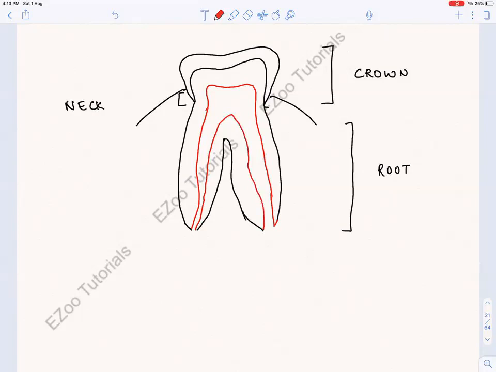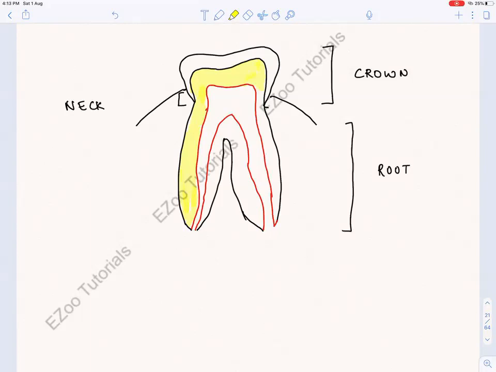So now which part is the dentin? The thing that I'm doing in yellow is the dentin. Okay, so this all is dentin. And the red portion inside is what? That is the pulp, where the blood vessels are present.